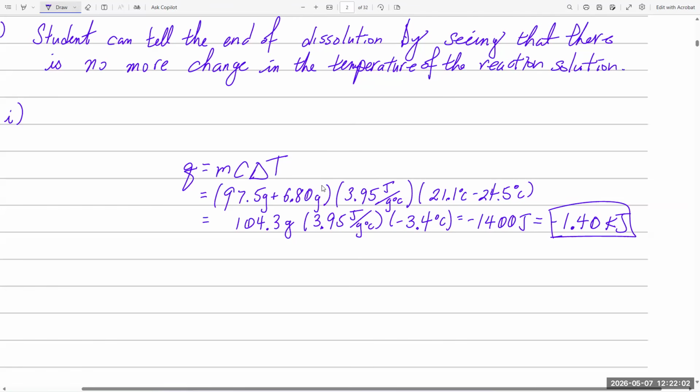Therefore, we expect the presence of Cl minus to drive the reaction to the left, toward the solid.